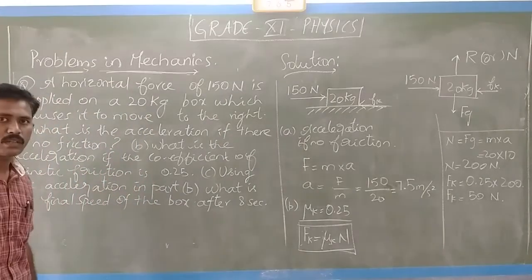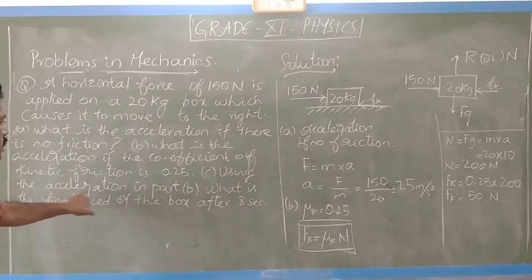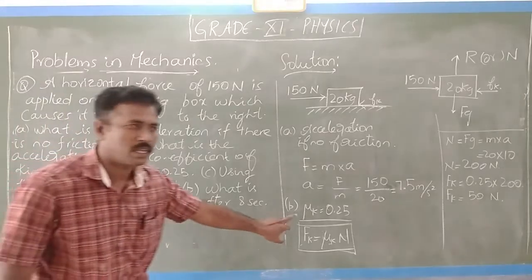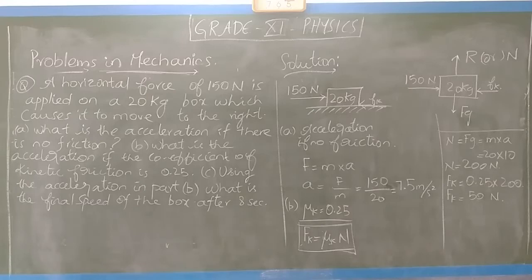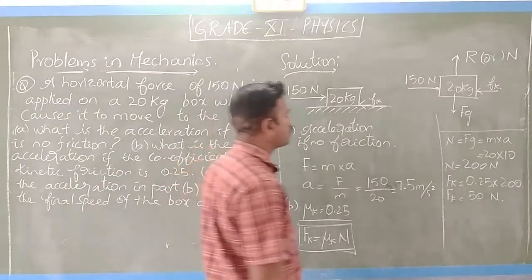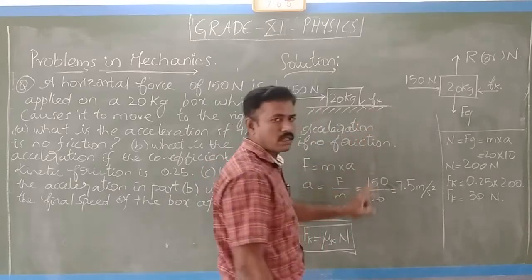Now what is the final question being asked? Using the acceleration in part B. So this is part B. What is the acceleration we found? I have found only the Fk value. Clear students, listen.